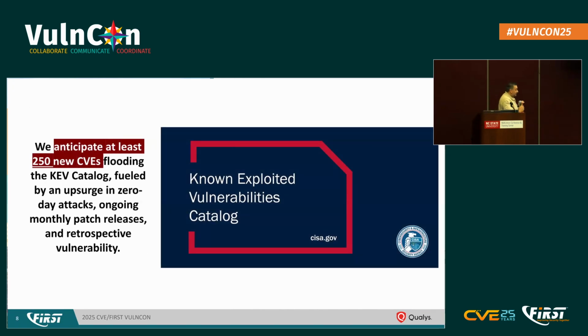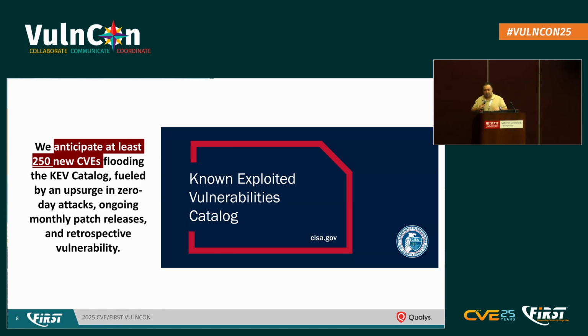We expect that CISA will add 250 new CVEs. It could be older vulnerabilities, or it could be CVEs that are added based on Patch Tuesdays or things like that. Today is Patch Tuesday, and we expect at least 4 or 5 new CVEs being added there.